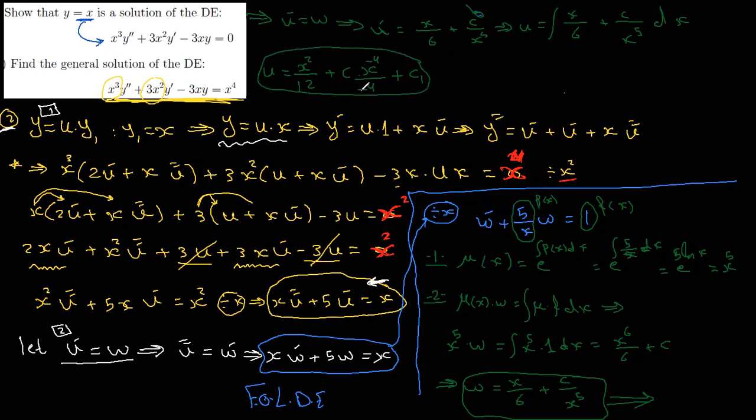I don't need u, I need the y. Where should I plug in now? My y equals the u times x.